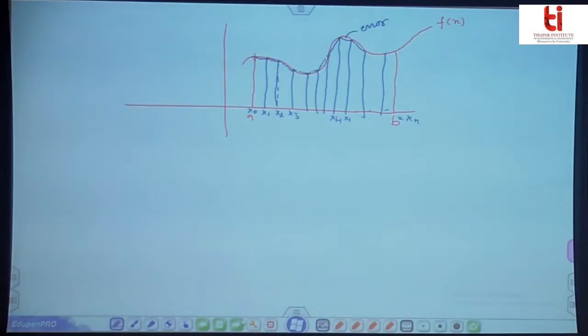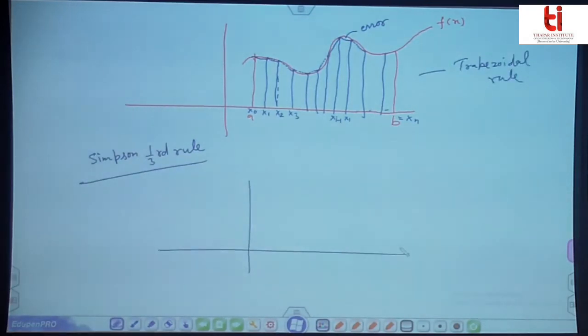Next is the Simpson 1/3 rule. This is the trapezoidal rule. Now the Simpson 1/3 rule. What is happening?